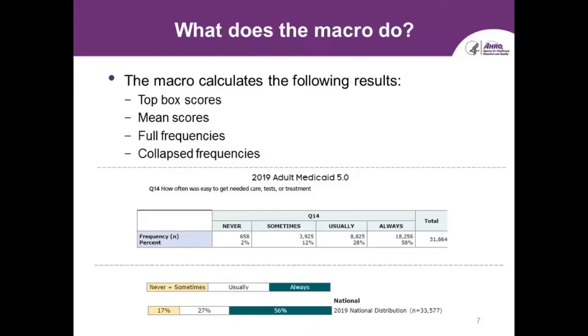The macro can do this for individual survey items, as well as composite measures assessed by the different CAHPS surveys. Composite measures combine 2 or more CAHPS survey items that measure the same dimensions of patients' experiences with healthcare services.